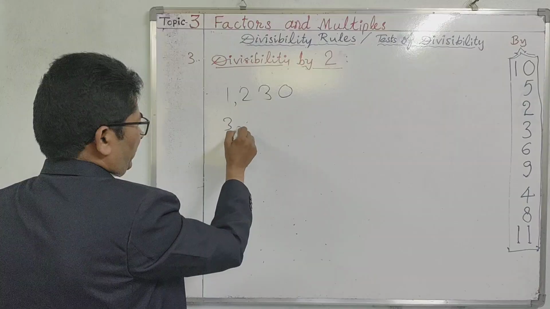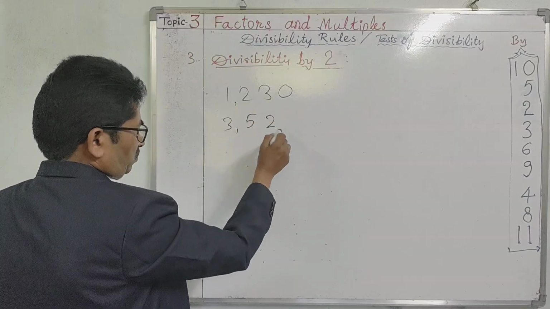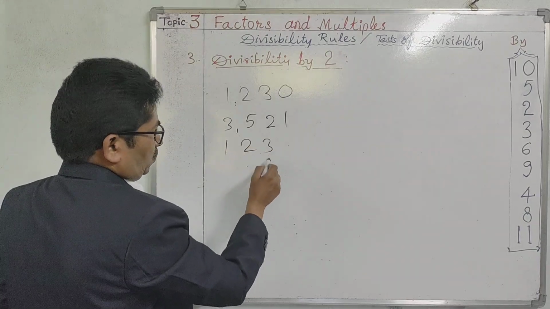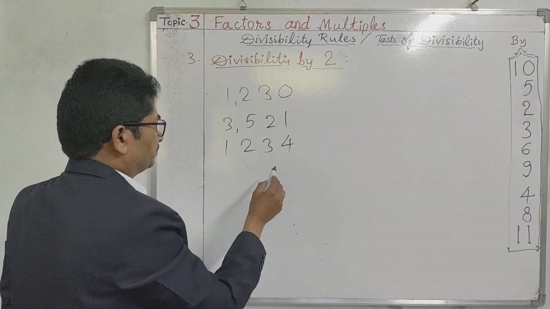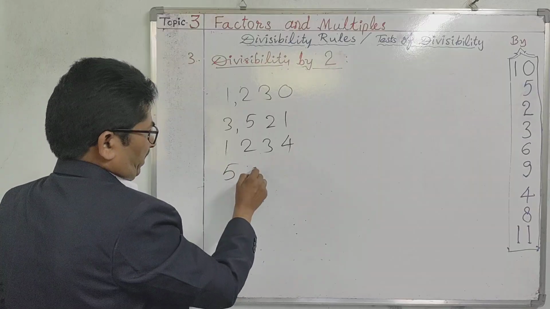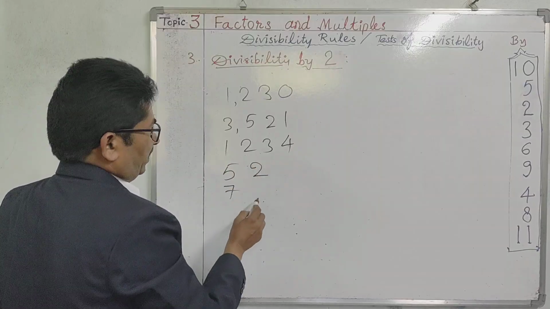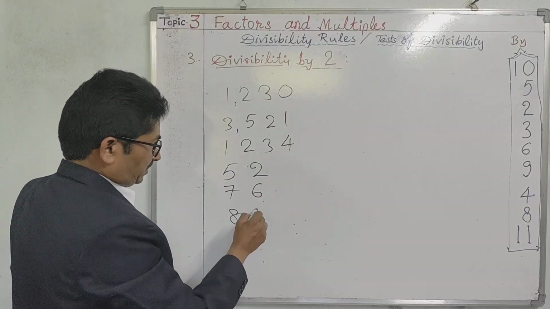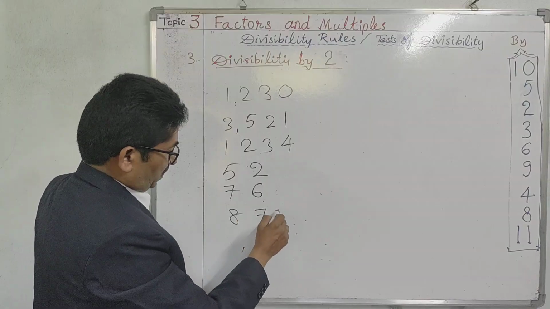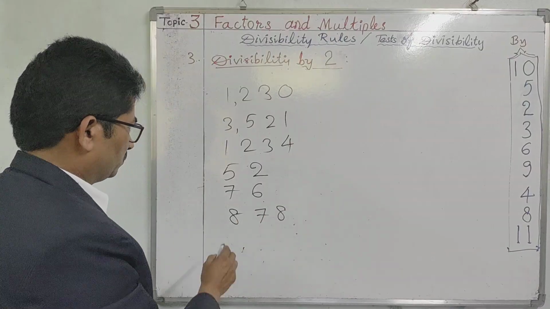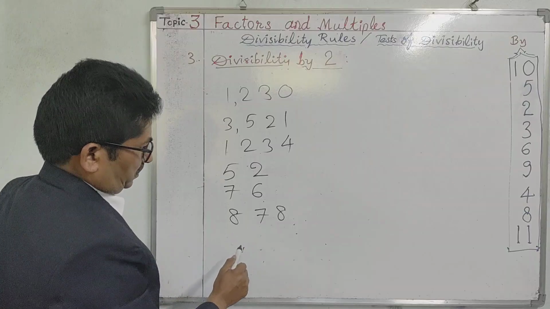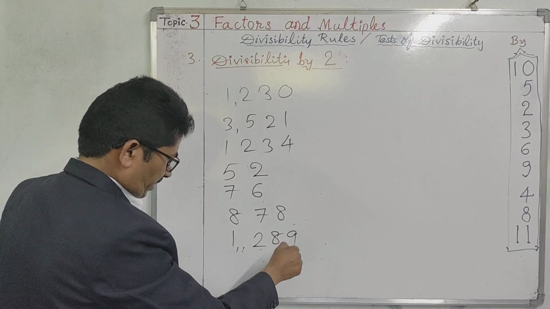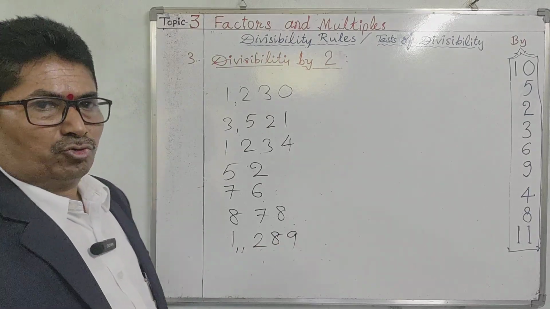1230, 3521, 1234, 52, 76, 878, 1289. So which are exactly divisible by 2?